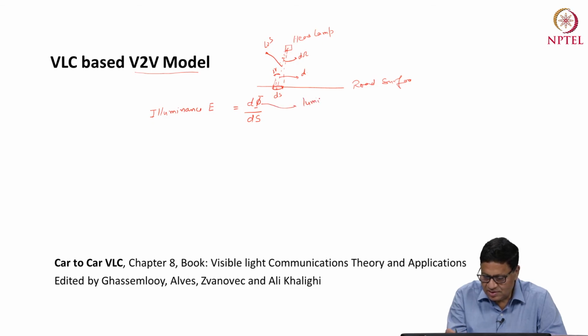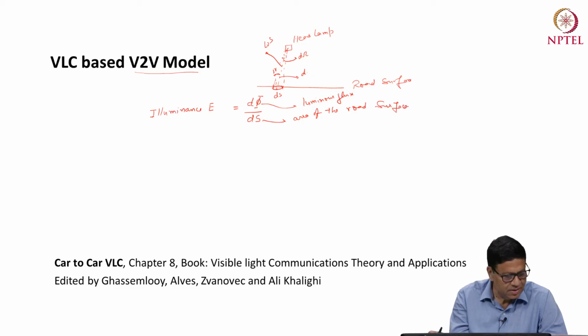These things we have discussed during the initial part of the course, where luminance, luminous flux, candela, everything was defined. And dS is the area of the road surface. And so the illuminance E is d phi by dS.